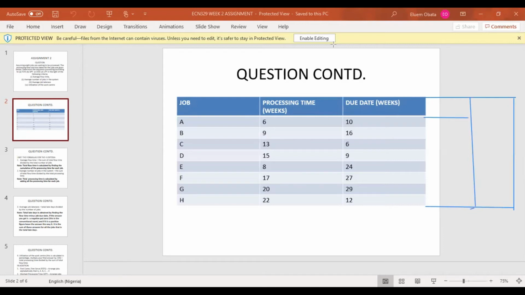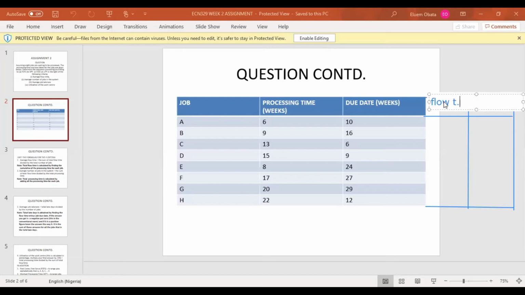Once you copy this out, you actually only have 2 things to add. The first thing we're going to need to calculate, if you notice from all our formulas, the first thing we needed to calculate was flow time.